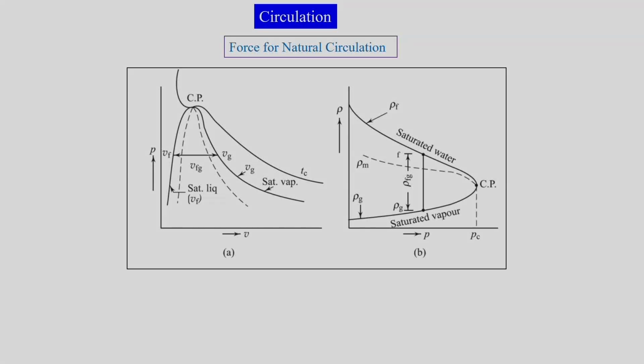In the case where we are getting the assistance of gravity, we can see here from the P-rho diagram that this is a point where we have very large density, and this is the point where we have very low density at a constant pressure line. So, this large density is liquid and low density is gas or vapor.